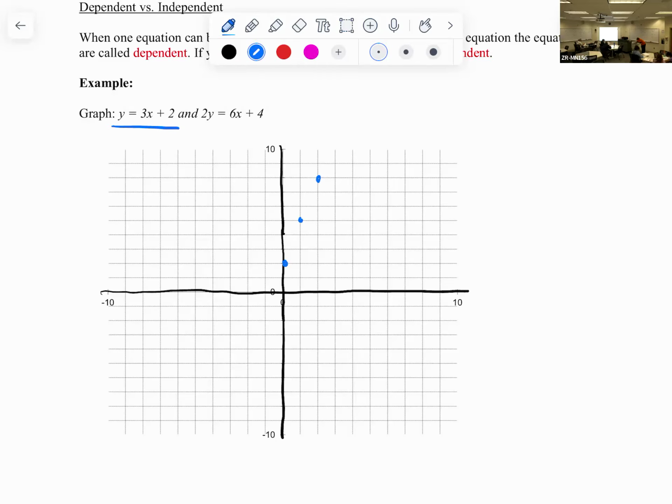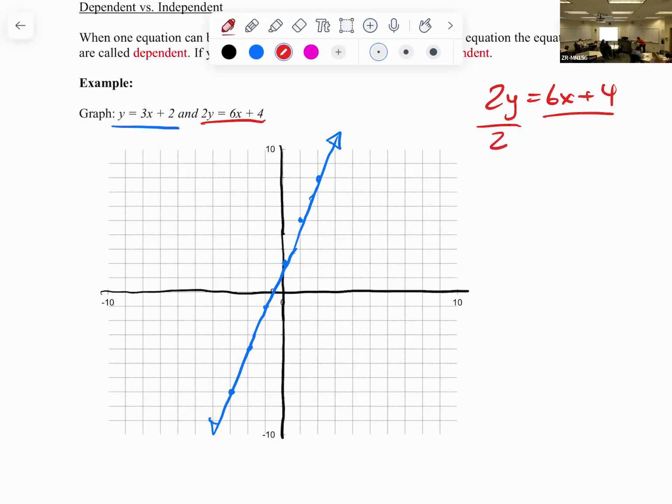Let's grab the first one. And then in order to graph the second one, my red line, what do I have to do? I need to solve this for y equals mx plus b. You have 3x plus 2 plus 2.